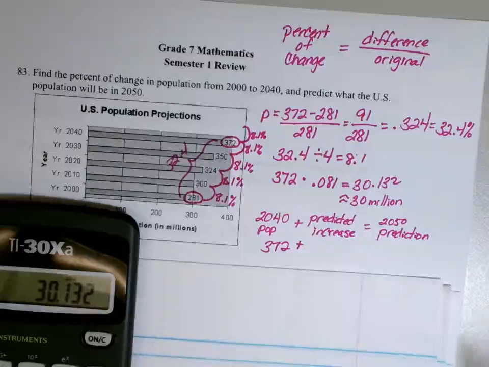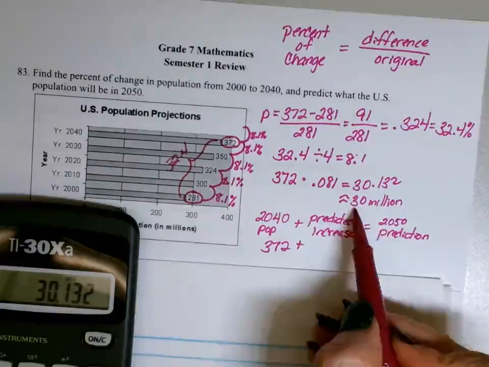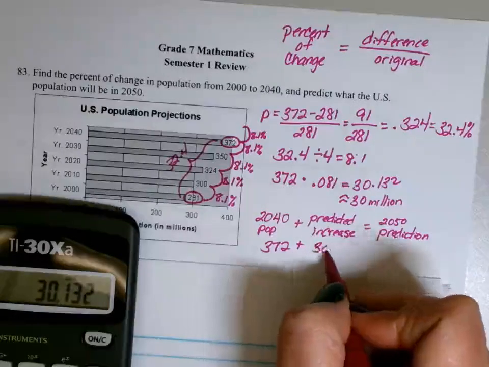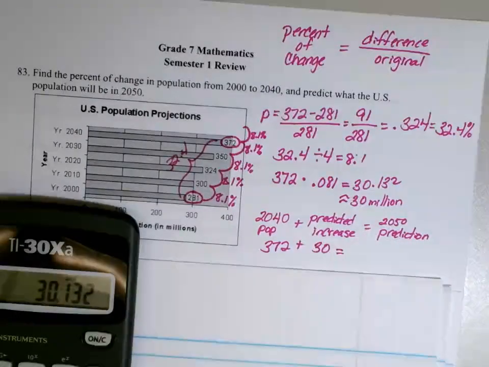What's my predicted increase? 30 million. What's my predicted 2050 population? Guys, add 372 plus 30. 402.